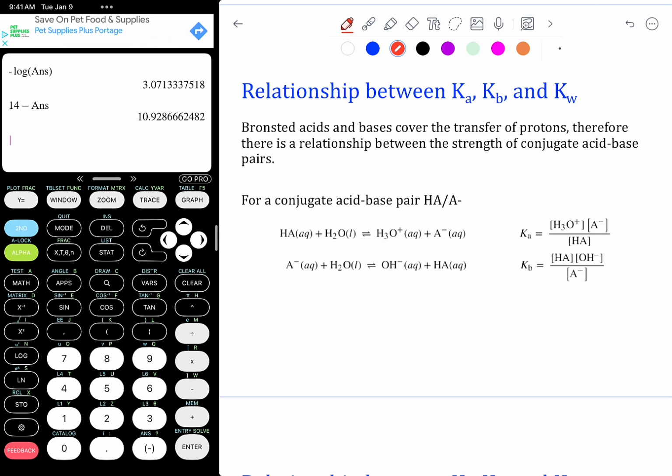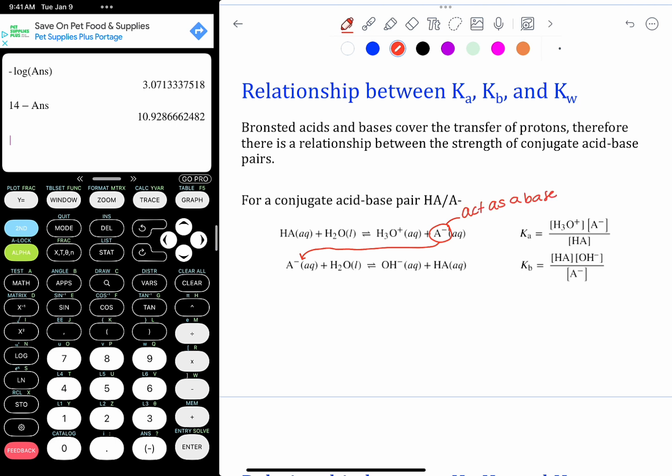So, for any conjugate acid-base pair, let's say we're talking about just HA and A minus, our first expression, we're going to take HA, react it with water, and get H3O plus and A minus. Then we can say, well, what if this A minus then participates in a reaction? Because this can now act as a base.